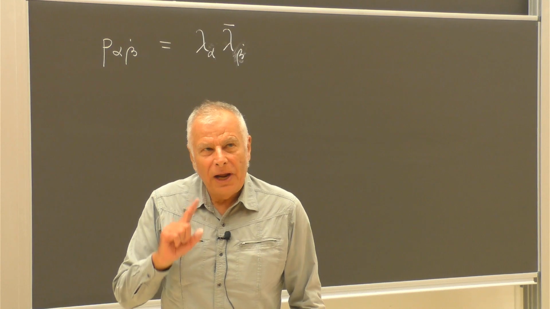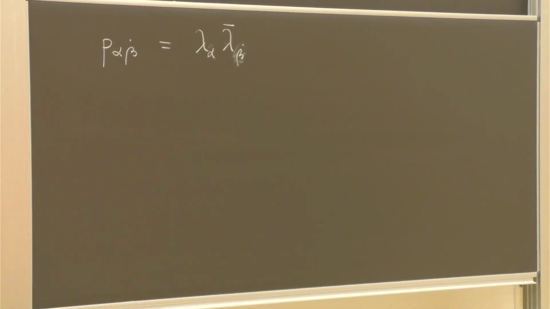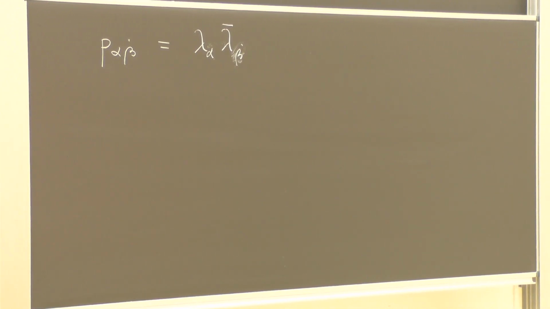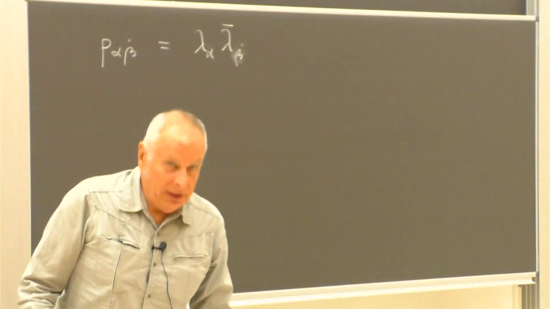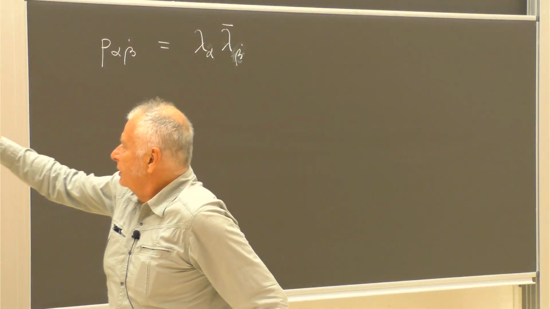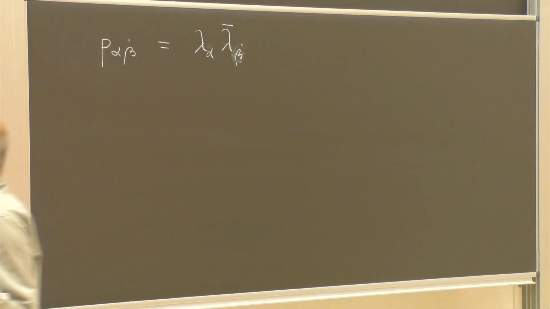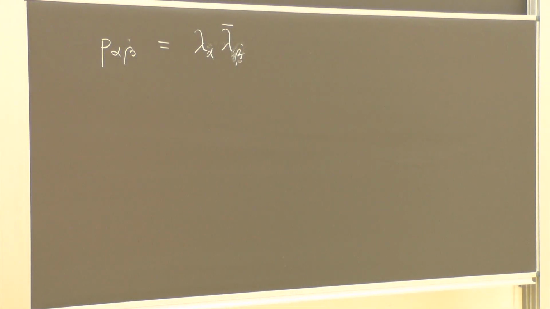Now, this group will play an important role because these little rotations of the Wigner group determine the helicity of particles, and they will be important for discussing general properties of scattering amplitudes, because these momentum spinors and then polarization vectors, which I will construct in a moment from those momentum spinors, will enter as wave functions in Feynman diagrams.